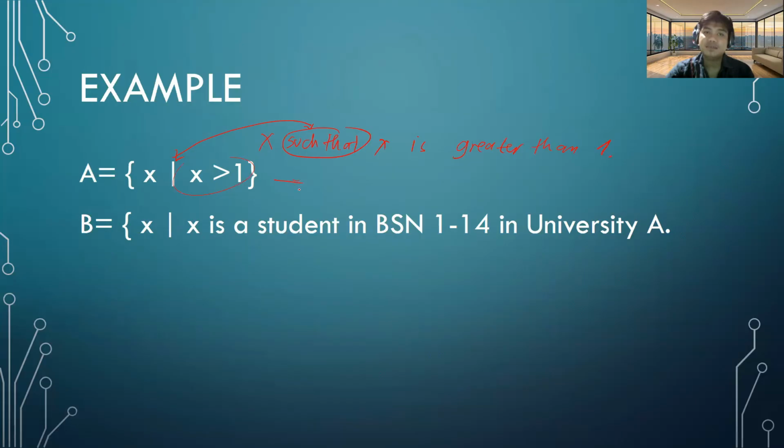So, alam natin na if you are going to list all the elements dito, kung gagamitin natin yung previous method natin, which is the listing method or tabulation method, if we list all the elements, for example, pwedeng 1, pwedeng 2, pwedeng 3, pwedeng 4, pwedeng 5, pwede ring 1.1.